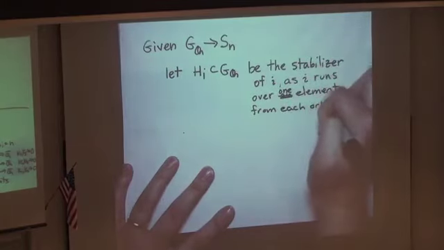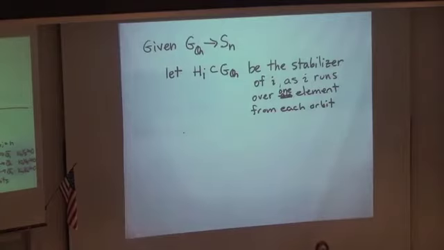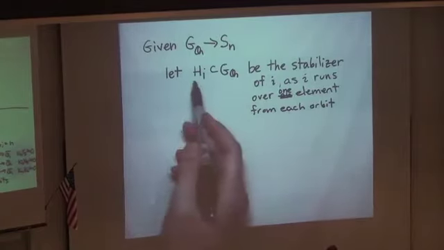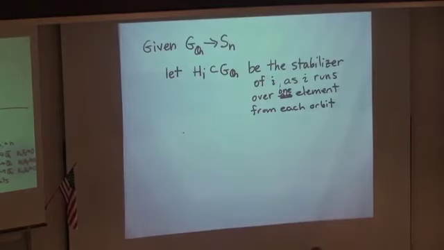So if there was just one orbit, if this was a transitive permutation representation, you could just take one. And you just have one subgroup here. But if you have a Galois representation with 3 orbits, you would take one element from each orbit, and then look at its stabilizer, so then you get the 3 groups.